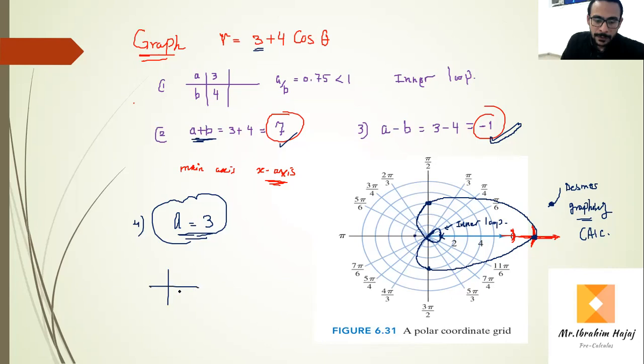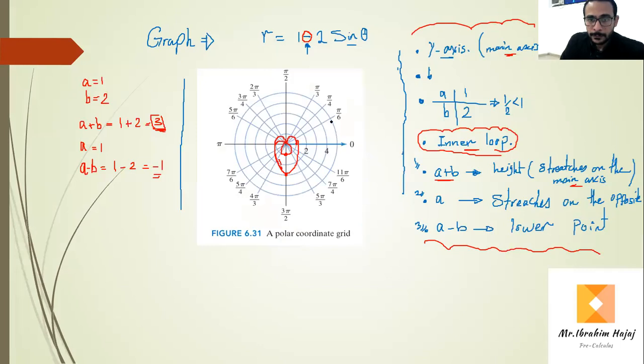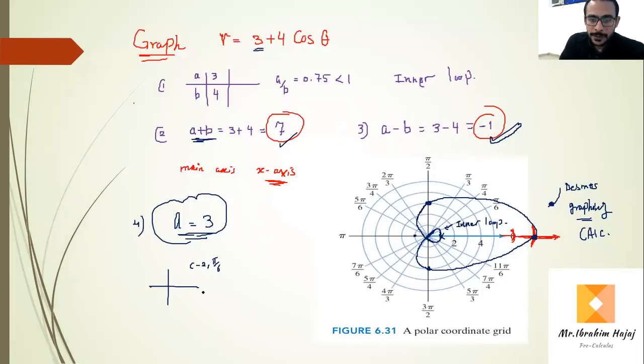If you remember from the first lesson, when I asked you to plot this polar coordinate -2 and pi over 6, for example. So here is 2 and pi over 6, right? So where is -2 and pi over 6? Here, right? They have the same representations. When we studied polar coordinates, they have many representations.